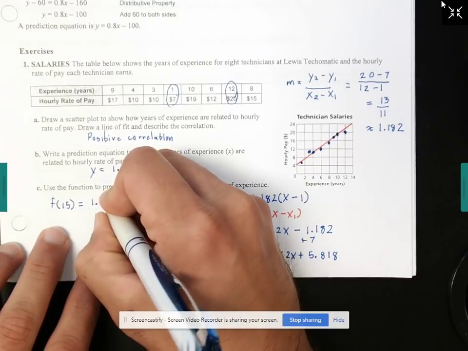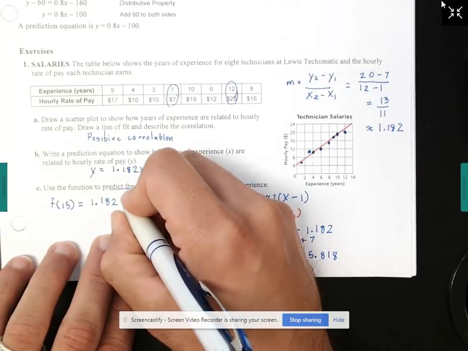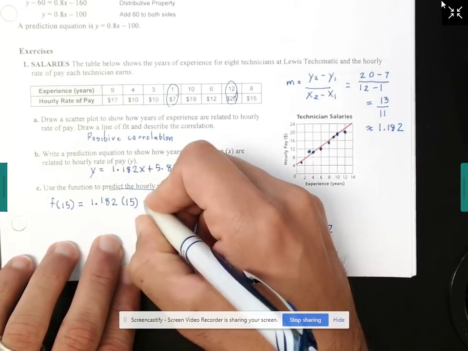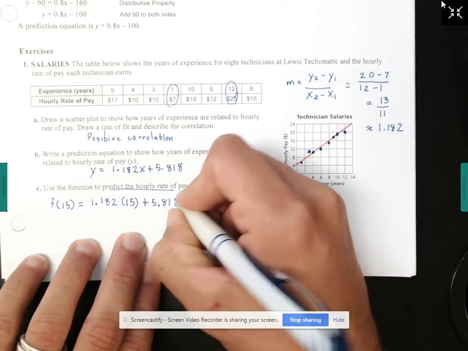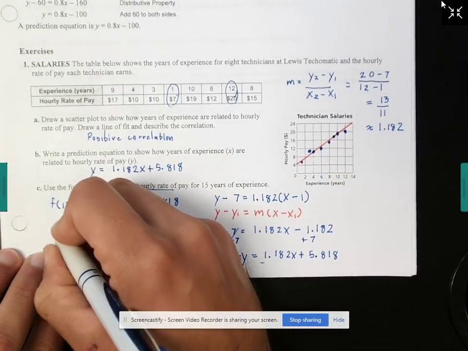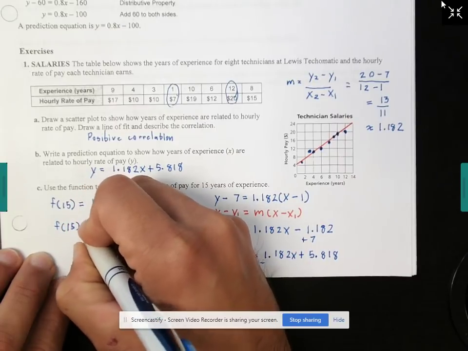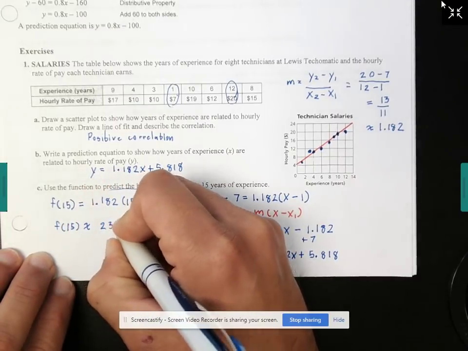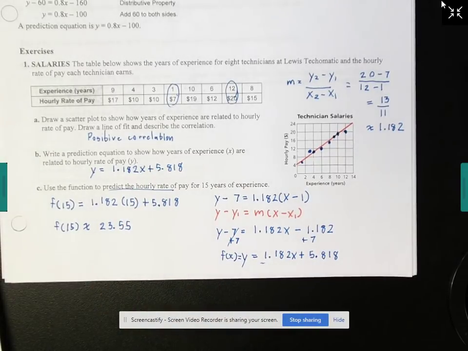Plug that 15 for x. And using a calculator, you're going to get that this will be approximately 23.55, right? And again, I've already used the calculator earlier, so feel free to use it.